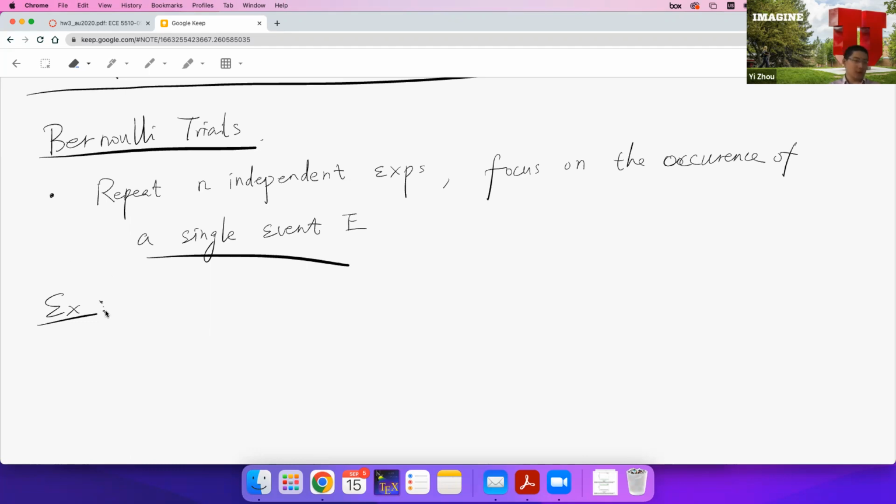So for example, we can consider this example. Consider a repeated roll of a die.